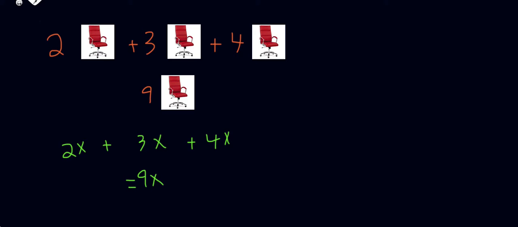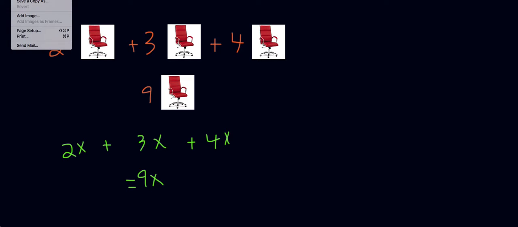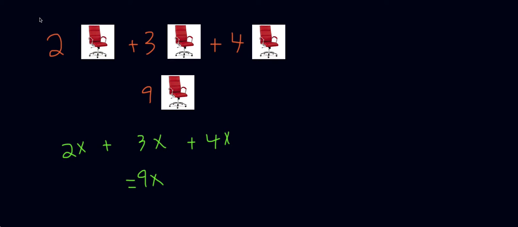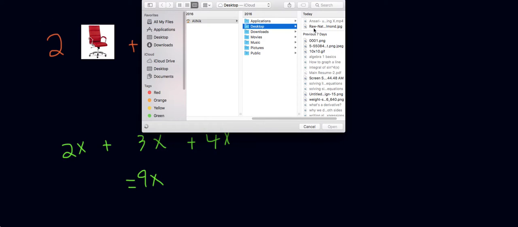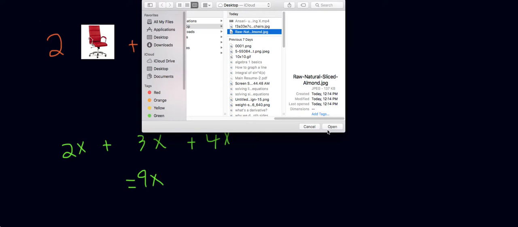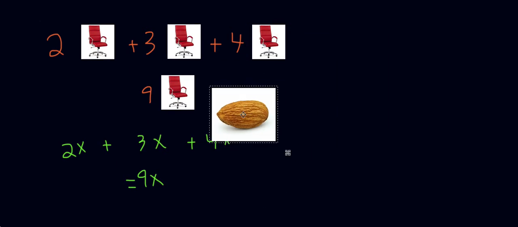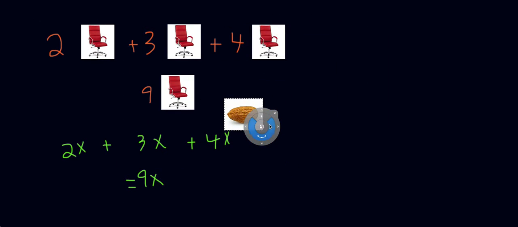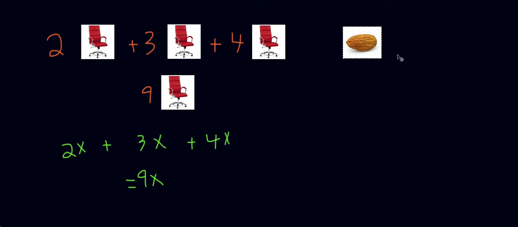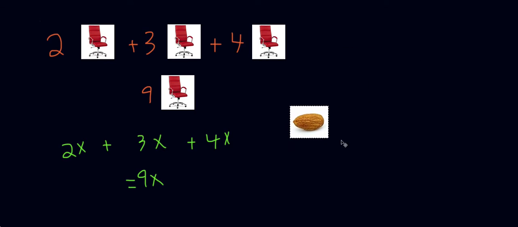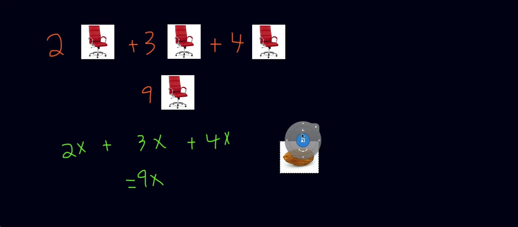So now let's use two variables. In other words, let's use two different items, and after we use two items, I'll show you the more abstract way of using two variables. So let's say now we don't only have an office chair, but we also have almonds.